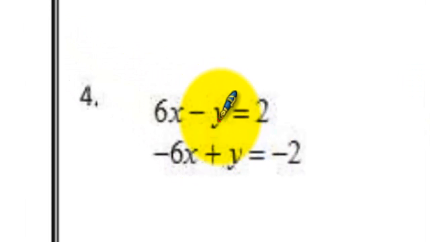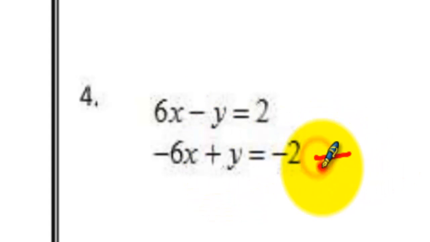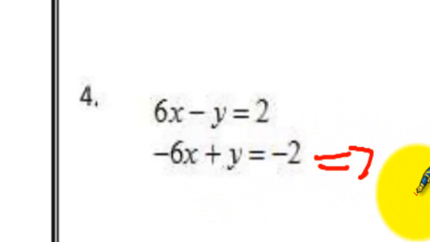Our example number 4. Okay, if you look at this system, my y here has no coefficient. My y here has also no coefficient. So I will either solve for the y in my first equation or the y in my second equation. So let's go ahead and solve the y in our second equation.